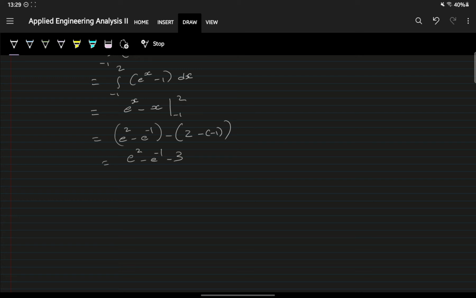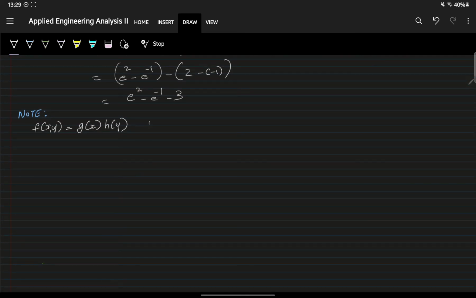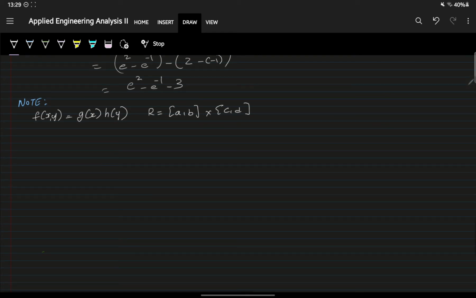Another important note I want to add is, let us consider if we have a two-dimensional function which is a product of two functions such as g of x and h of y. Then, if we are integrating it over the limits, this becomes the integral of g of x h of y dA.